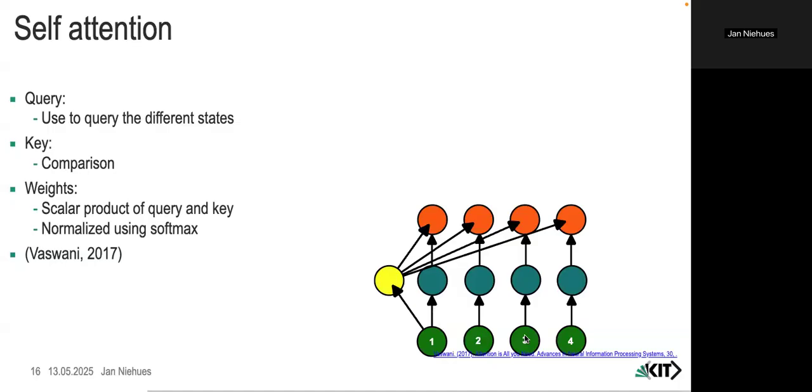So the sequence is looking at itself in order to understand what is important. But the first word is looking now at all the other words. And what we're doing is we're comparing the query of the first word with the keys of all, and for each key, we'll get a similarity value, saying how important is this position in order to understand this one.